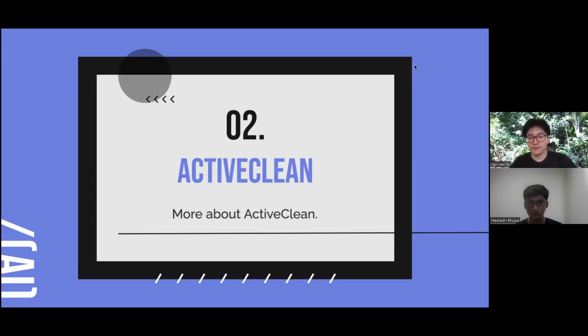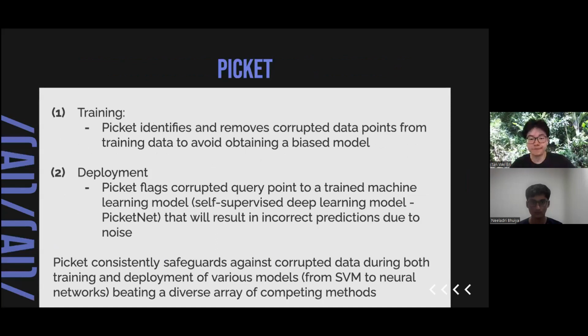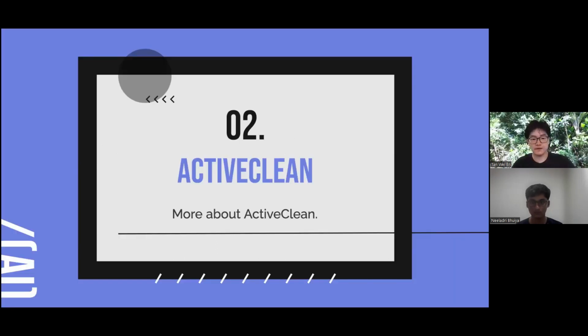Is that correct? ActiveClean is 2016. Actually, I'm not too sure when PICET. Okay. Yeah, but it's relatively new. Okay. But ActiveClean was published in 2016 before Andrew Ng had this concept about data-centric AI, right? I'm not too sure, but yeah, I believe so. Yeah, okay.